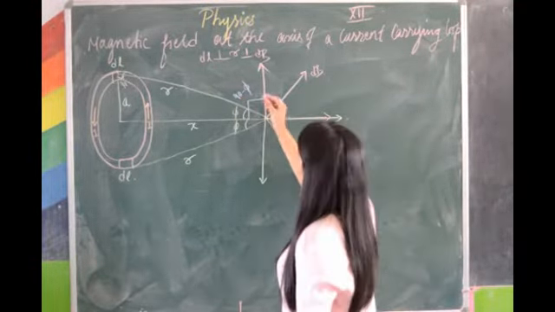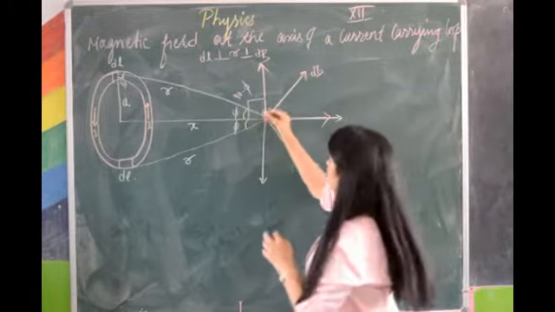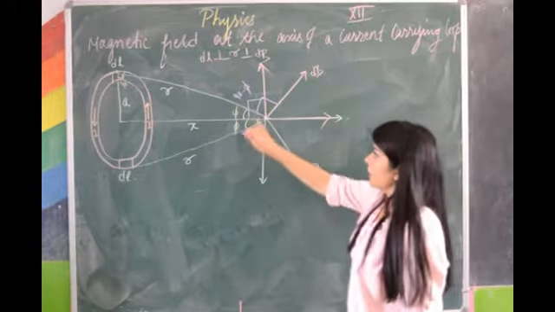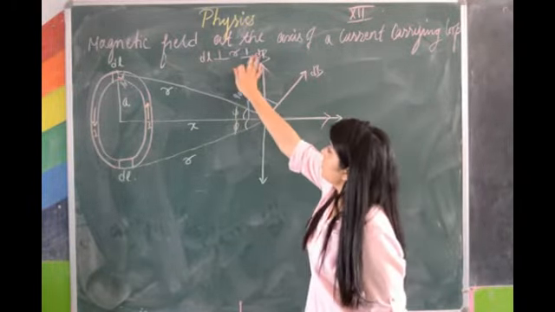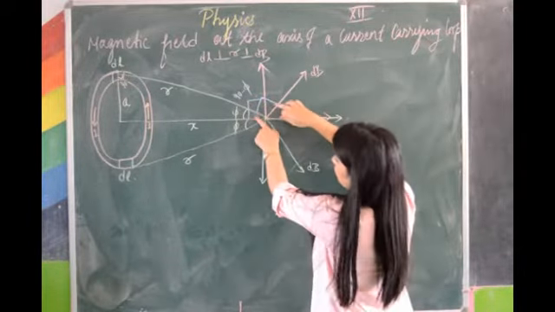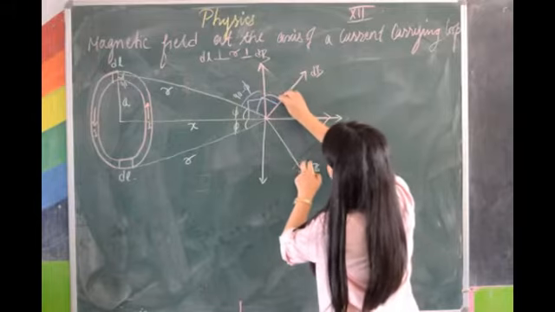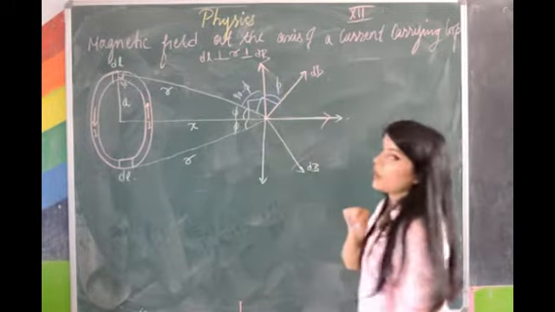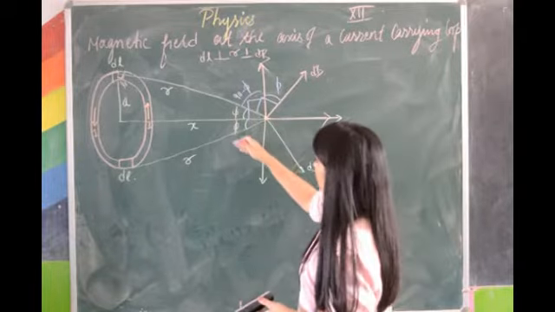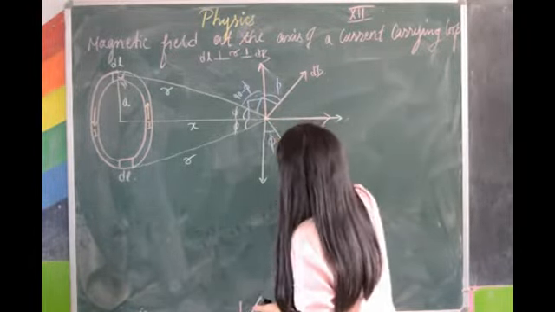Again, what we know is dB and dl are perpendicular to each other. So these two angles will also be 90 degrees. Okay, dB and r. Sorry, this r and this dB are also perpendicular to each other. So this angle is also 90 degrees. So if this angle is 90 minus phi, the remaining angle over here becomes phi. Similarly, if you apply the same thing over here, this angle becomes phi.